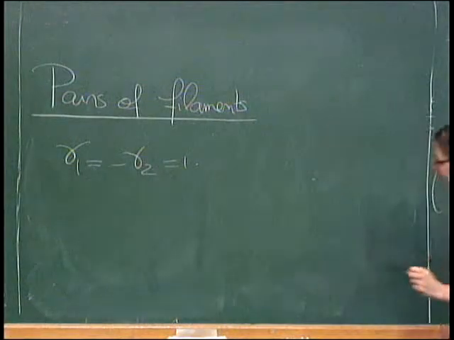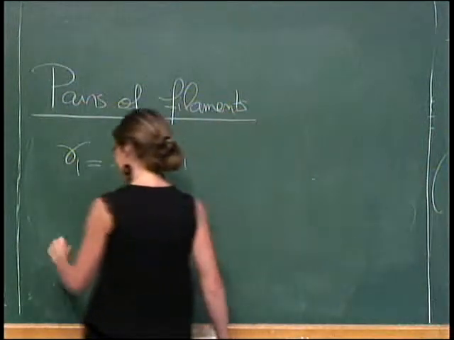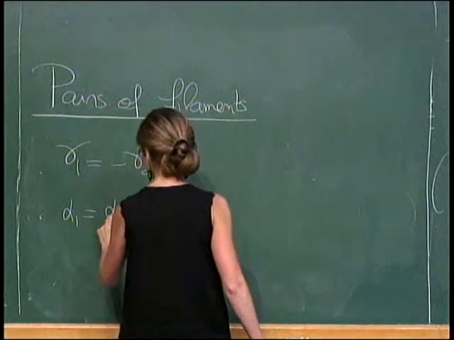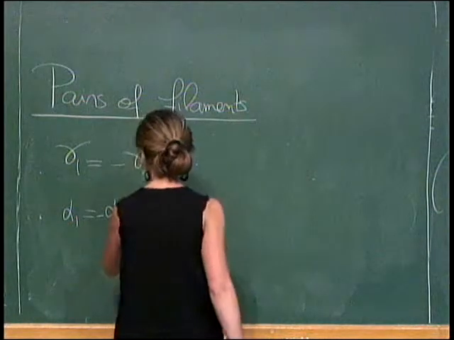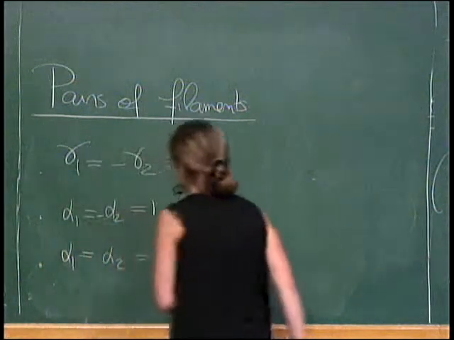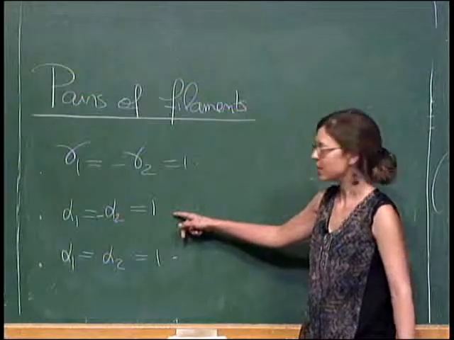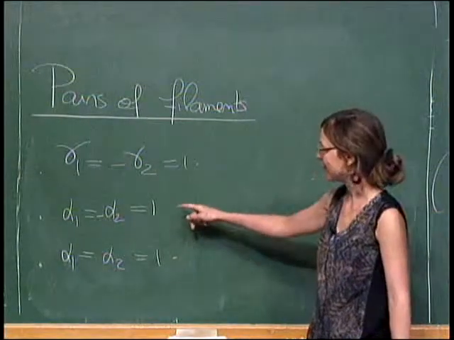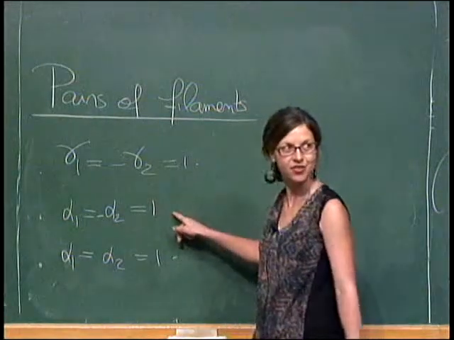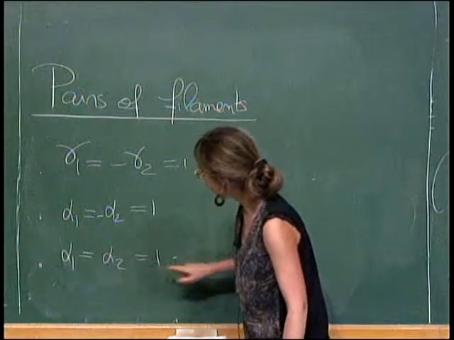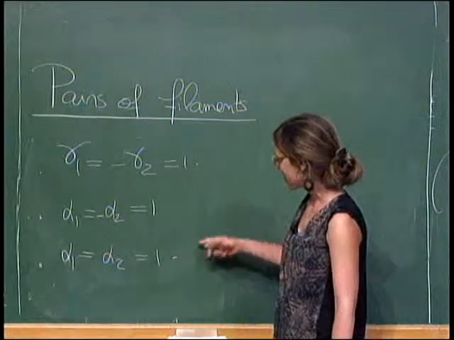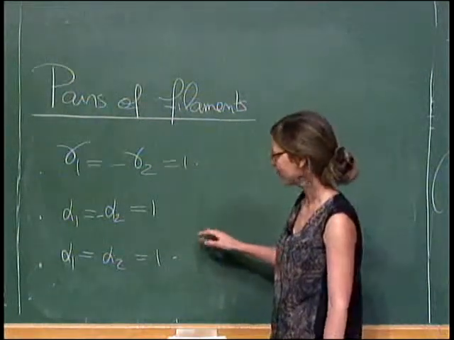And we did some numerical simulations in the following cases. Alpha 1, remember the vortex core parameter, equals minus alpha 2 equals 1, and alpha 1 equals alpha 2 equals 1. This second case is not supposed to be a physical one, because you remember in the derivation you needed the vortex core parameters alpha to be positive, but from a mathematical point of view we think it's an interesting example. And the second situation is maybe the most interesting one, in which we are not able to construct rigorously the existence of collisions in finite time.